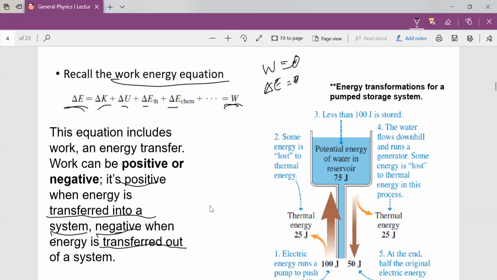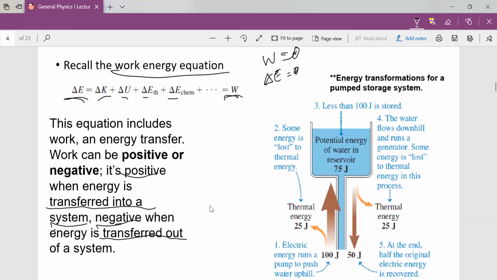Okay, so let's quickly look at an example of a system for energy transformation on a pump storage system. So we'll have, in the first case, electric energy that helps to pump this water uphill. It goes up, so the water goes up, and the energy input is 100 joules.